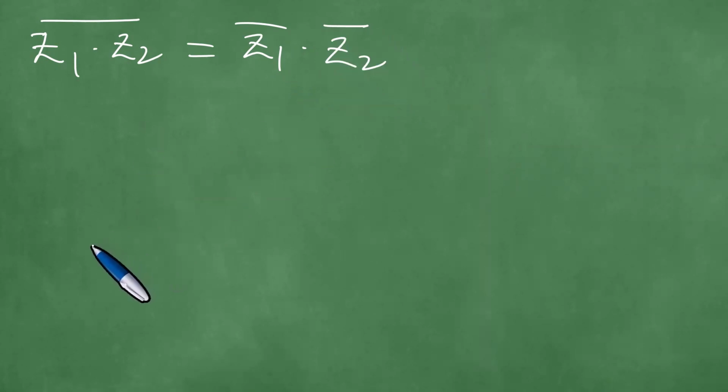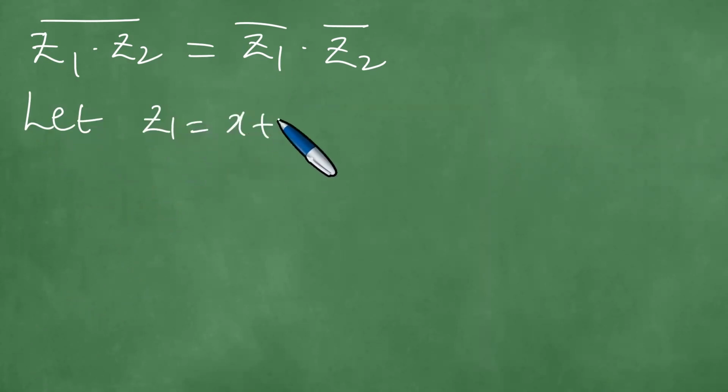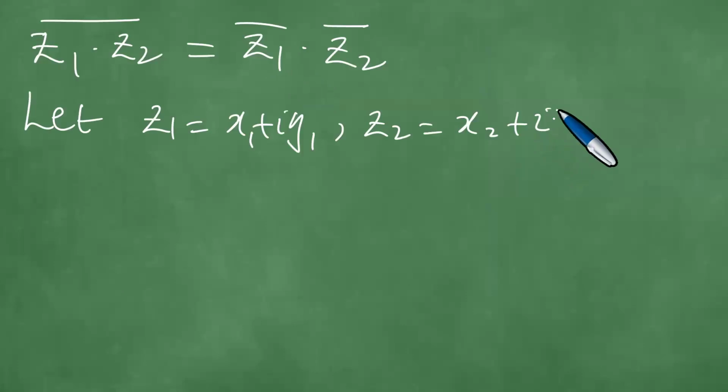How do we prove this? To prove this, we let Z1 be X1 plus iY1, and Z2 be X2 plus iY2. And then we come and use it here.